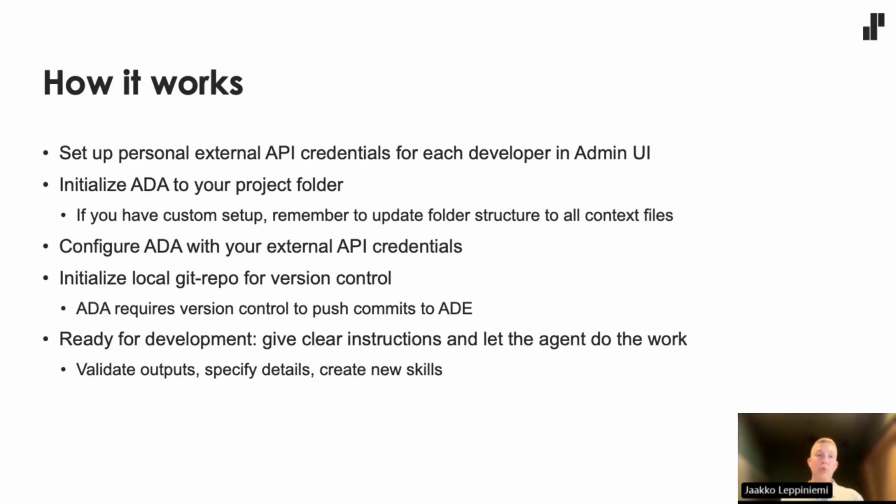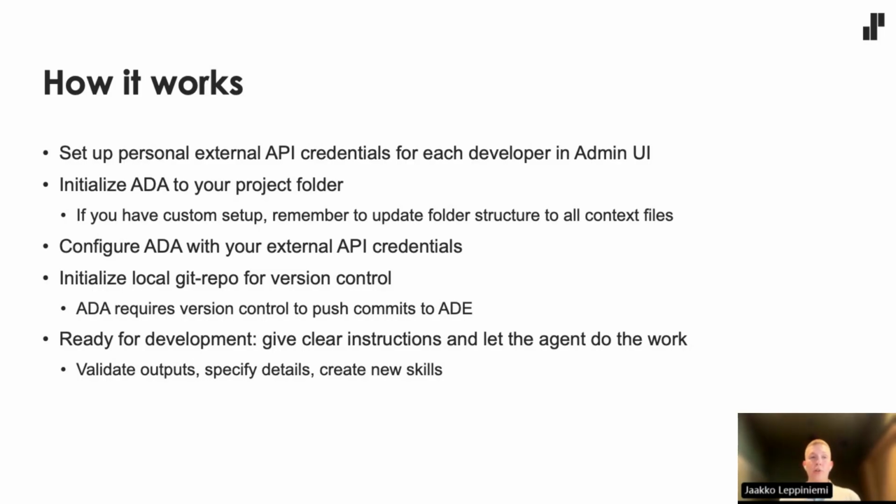And how it all works: tenant admins will set up the credentials, these personal external API credentials for each developer in admin UI. And then next you need to initialize ADA and configure all the necessary details for your project.